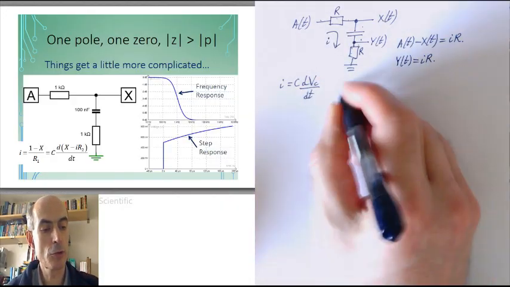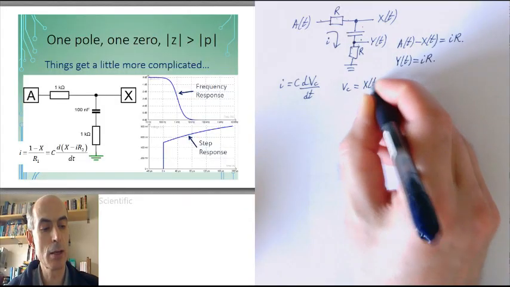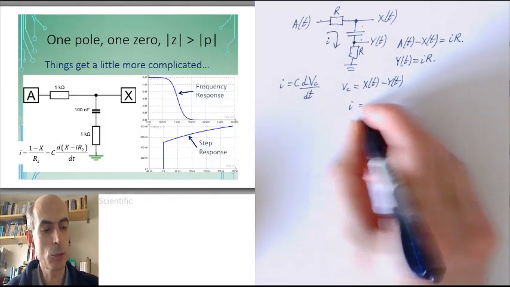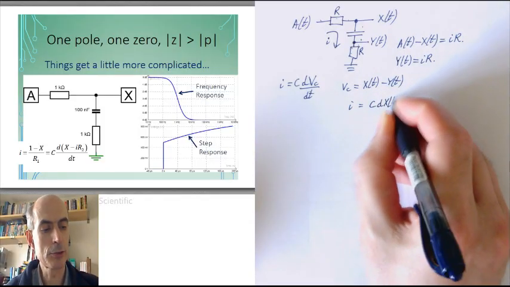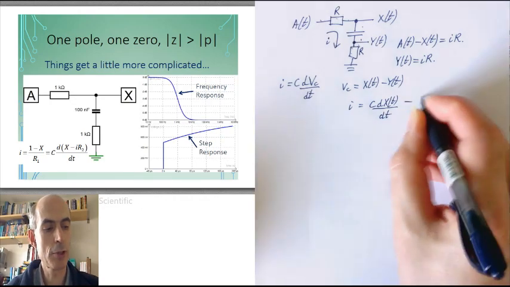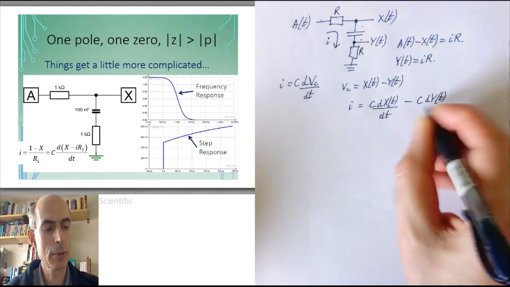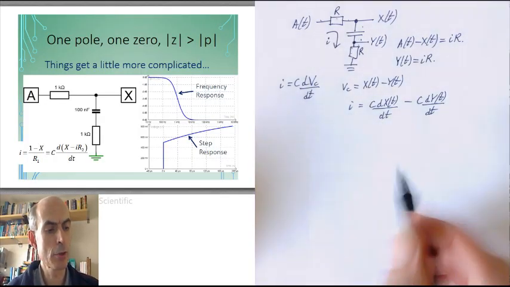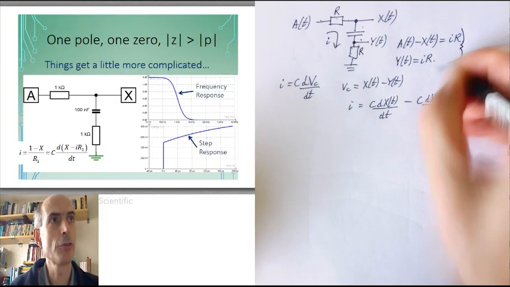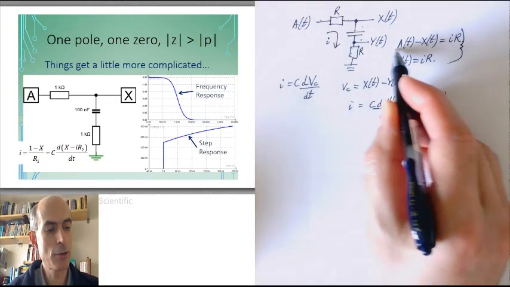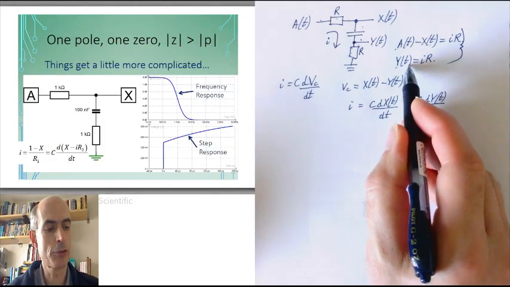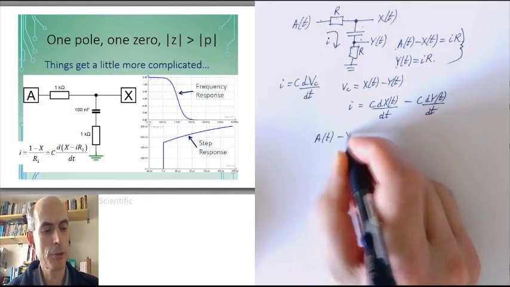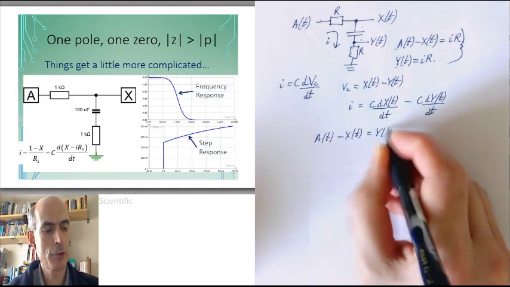In dVC, I can note that VC is now x of t minus y of t. So I could write this equation as I equals C dx dt minus C dy by dt. I want to eliminate I from these equations, so I'll note that from these two equations I can get the result that a of t minus x of t is equal to y of t. So I have a of t minus x of t equals y of t.